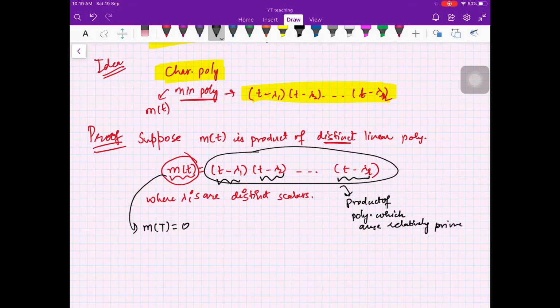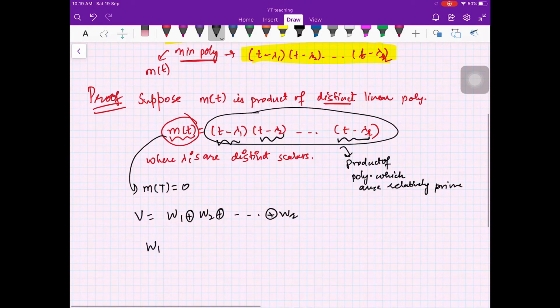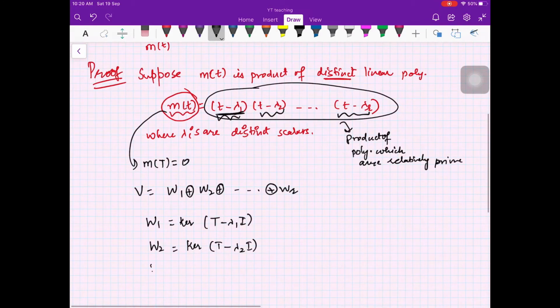Therefore, what the primary decomposition theorem says is that V is the direct sum of W1, W2, up to Wr, where W1 is the kernel of the first polynomial when you put T here, so kernel of T minus lambda 1 I, W2 is the kernel of T minus lambda 2 I, and so on, and Wr is the kernel of T minus lambda r I. Is that clear?